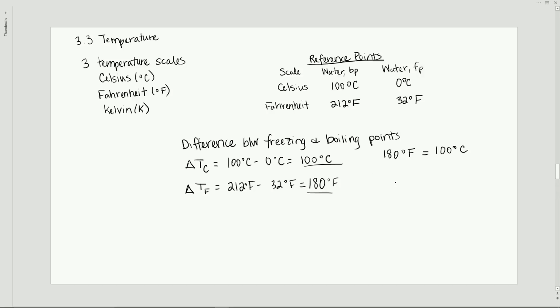We can reduce this down and we get 1.8 degrees Fahrenheit equals 1.0 degrees Celsius. This relationship between Celsius and Fahrenheit is how we get our equation.